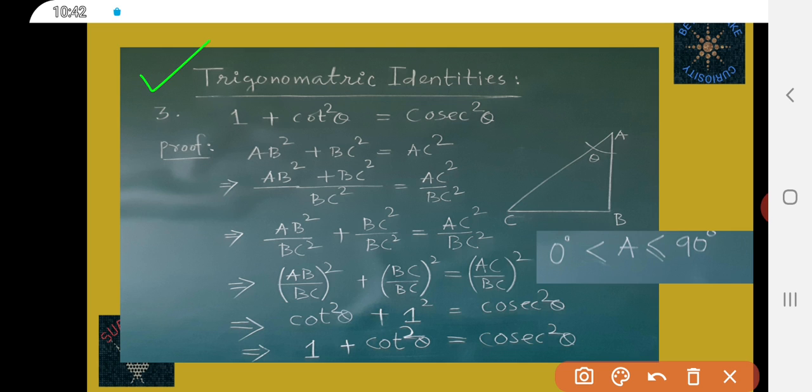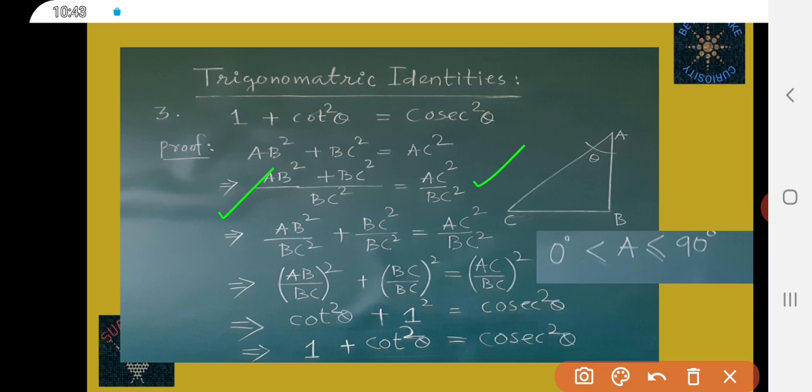Next, trigonometric identities. Third, 1 plus cot square theta is equal to cosec square theta. Similarly, you write the Pythagoras theorem, that is AB square plus BC square is equal to AC square, and on both sides you divide by BC square, then you get this.